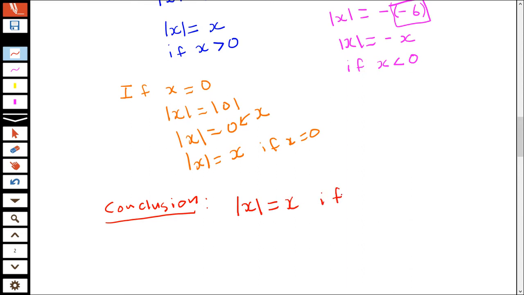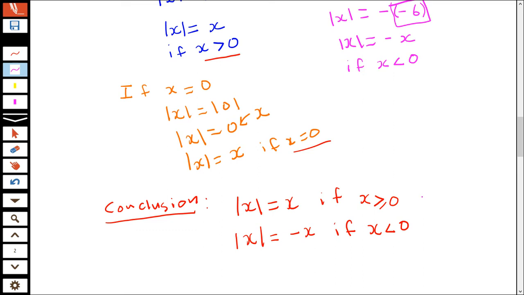It equals x if x is bigger than 0 or if x is equal to 0. So we can write this down. Absolute value of x equals x if x is positive or 0. Now, what's the other thing we learned? Absolute value of x equals minus x if x is less than 0. Okay, so that's our formal definition of absolute value.